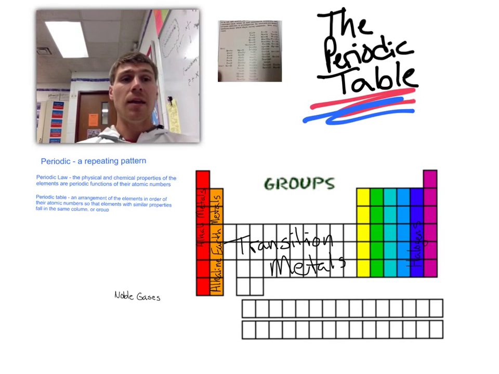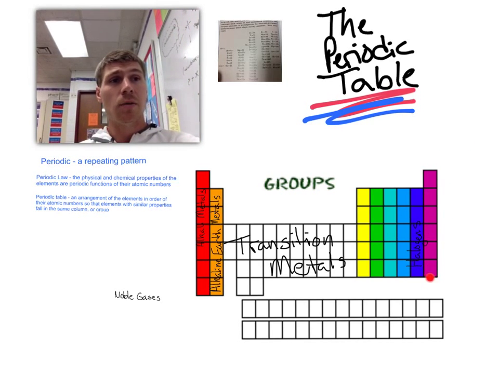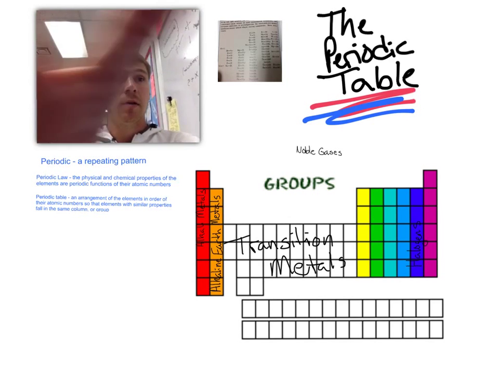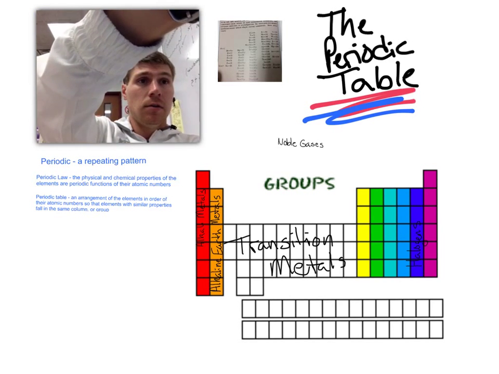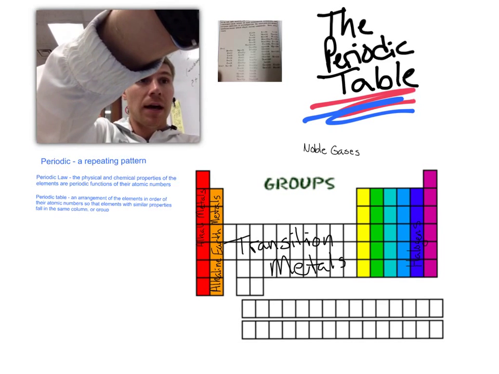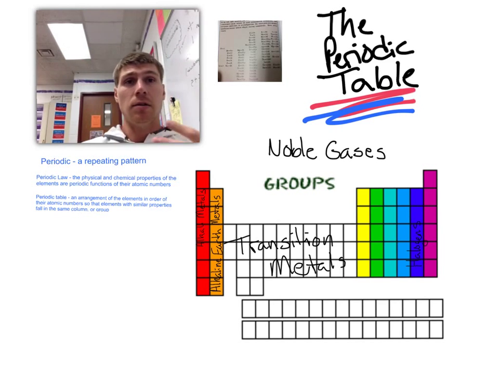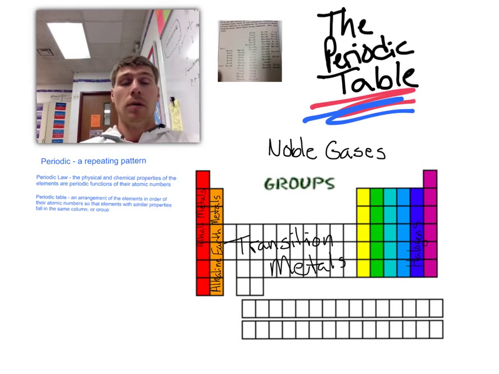And then the last column on the top up here, these actually took a little while for us to figure out because they don't react with anything. They are completely unreactive, and that's why they're called the noble gases. Nobles, like old medieval European nobility. They didn't mix with anything.